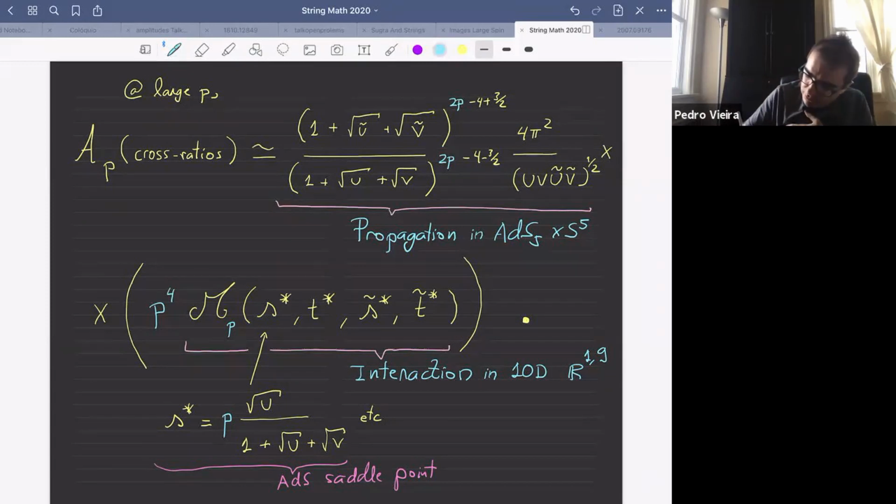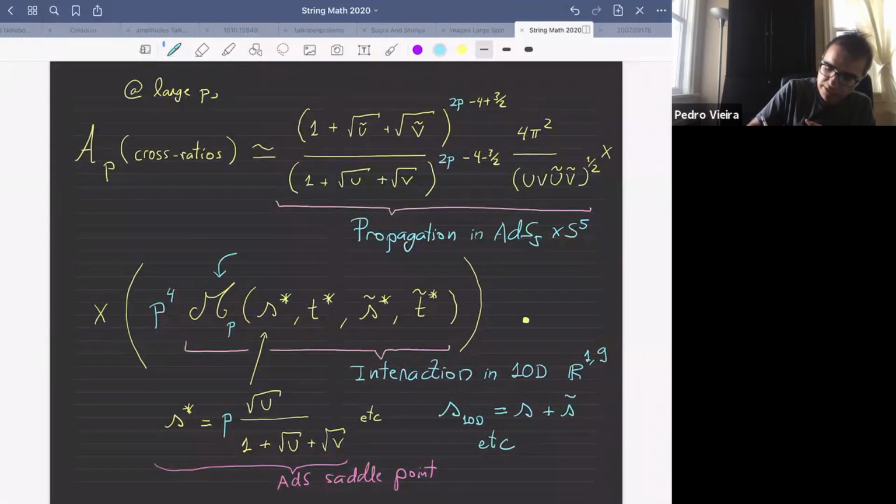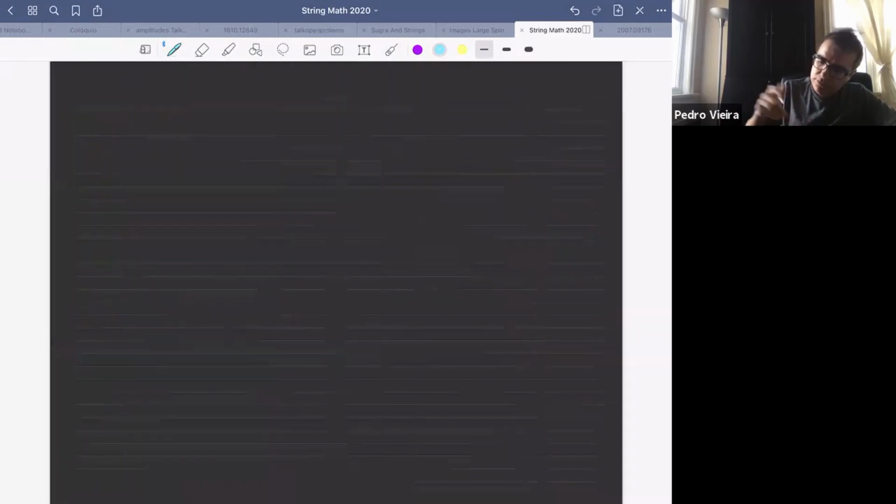And indeed, we will see that here we will have an S 10-dimensional, which would be S plus S tilde, etc. And the claim is that at large P, this object here will only depend on 10-dimensional objects.